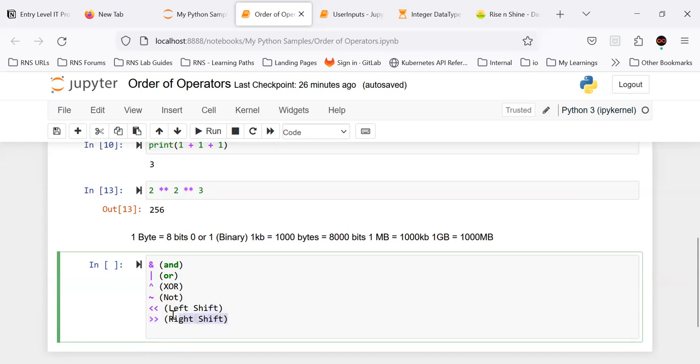But in certification programs like PCEP and PCAP, entry level and associate level programming, they are going to ask about bitwise operators.